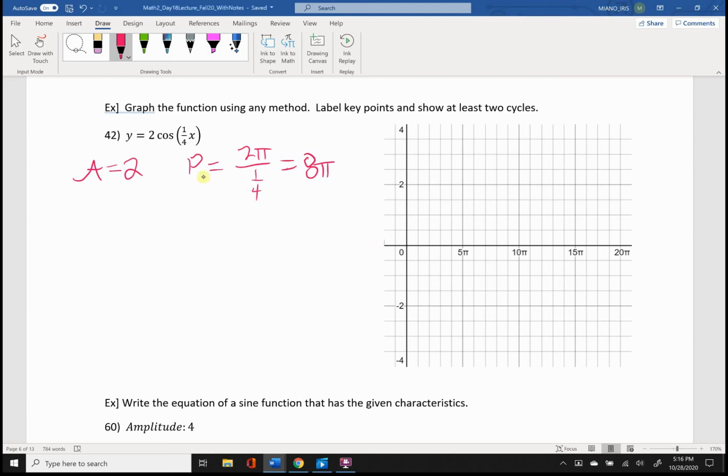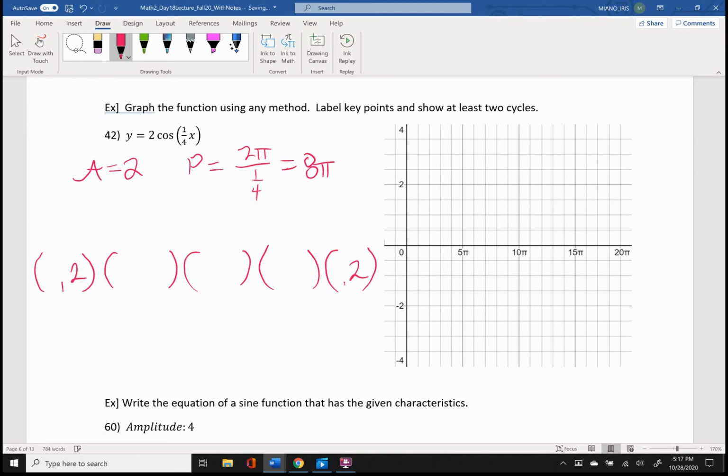Furthermore, we need to come up with what would be our key points. So draw yourself room for 5 ordered pairs. You know that since it's cosine, and it's a positive multiplier out in front, you're going to start at your peak. So as far as the output's concerned, that'll be a 2 here, and you're going to end at your peak as well, which will give you a 2 there.